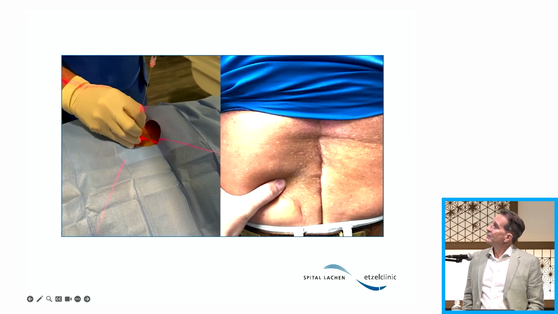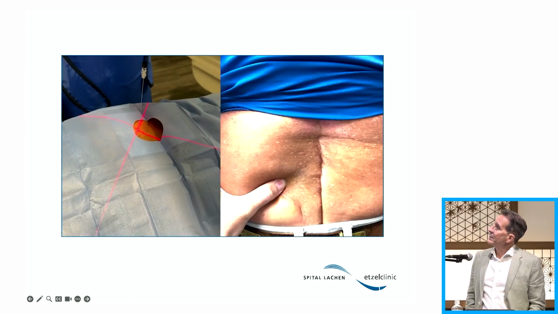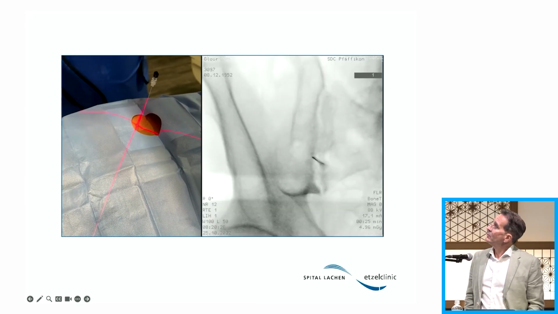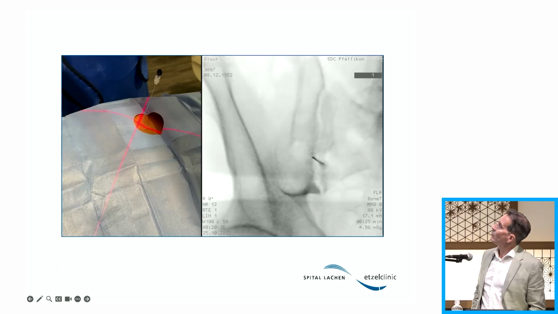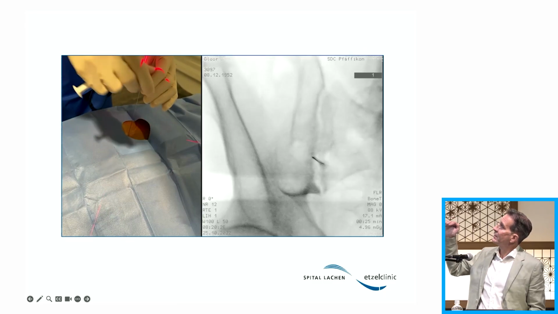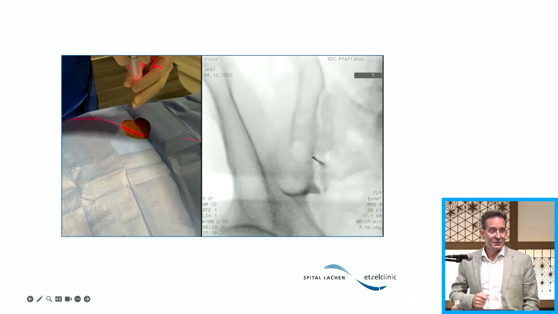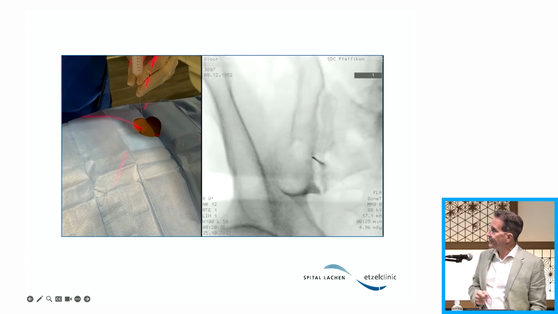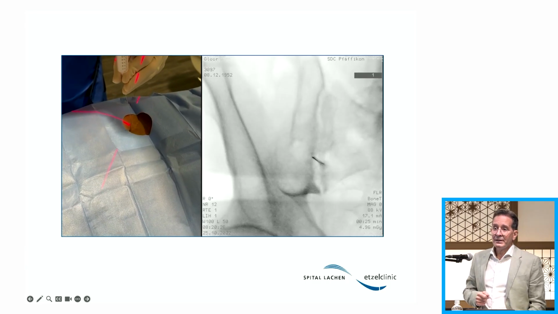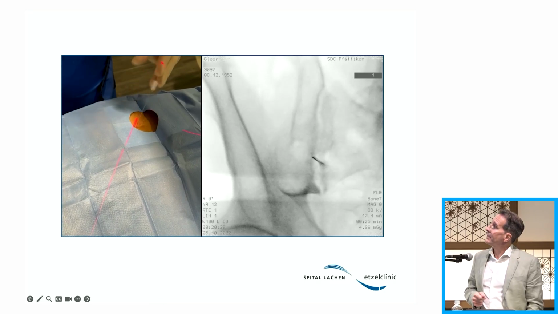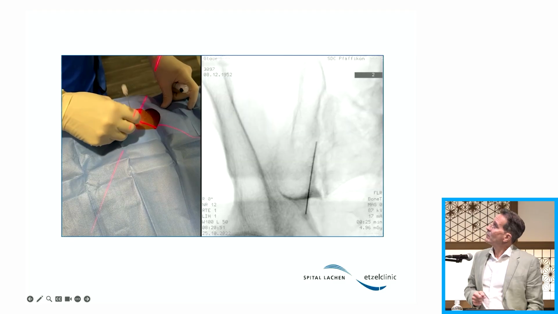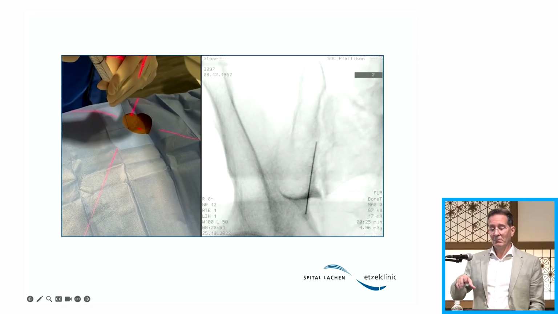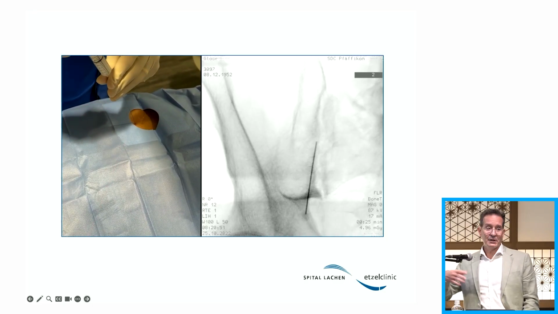We start with the intra-articular portion, like we used to do, which you can see on the right-hand side, and we go very high, just underneath the overlap of the ilium to make sure we don't have the sciatic nerve involved after local anesthetic injection. And then we move the needle out and slide it along the ligamentous part of the SI joints to the north, and we stay away from the neuroforamen to make sure no one can tell, well, you had too much local anesthetic running into the neuroforamen.